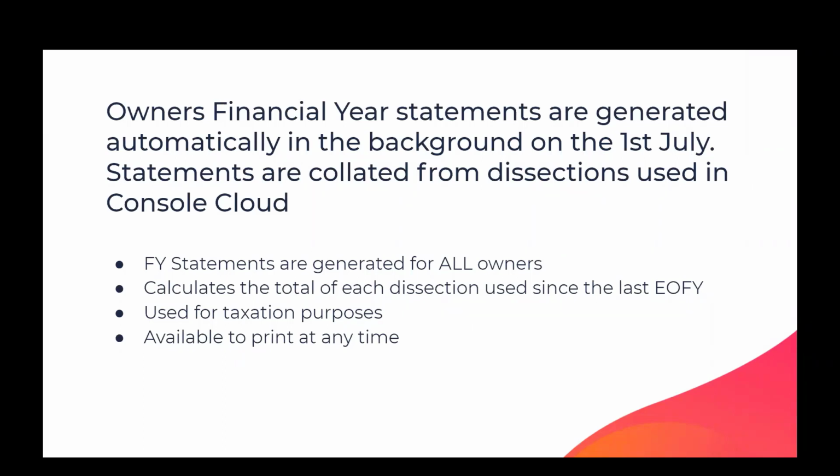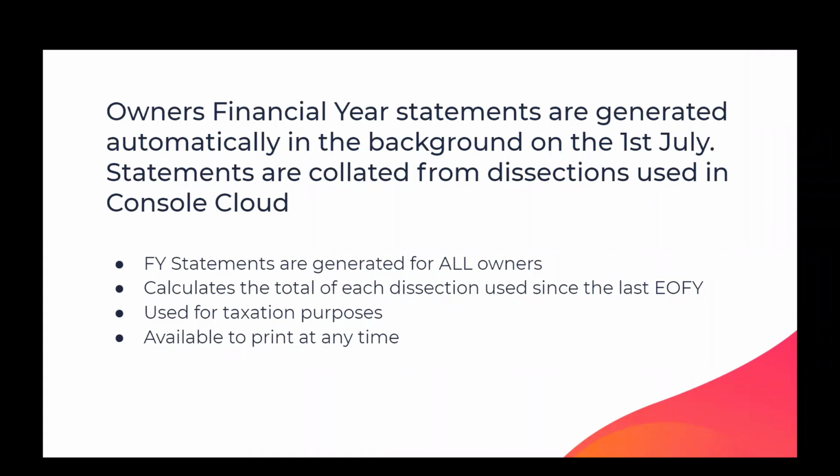So it's really important, firstly, to make sure that they are all correct. And we'll also have a look at those dissections next to see what that means as well. Your financial year statements are generated for all owners with the exception of your inactive owners. If you do have any inactive owners that you would like to send a financial year statement for, if you haven't already sent it as part of your inactive process, then you will need to activate them to generate that statement for them at financial year time.